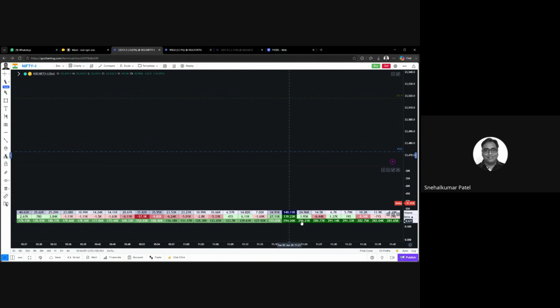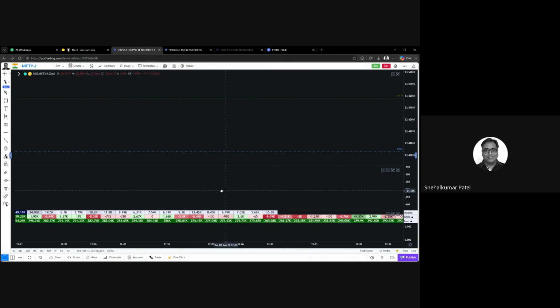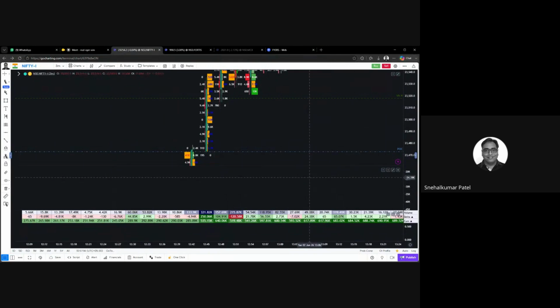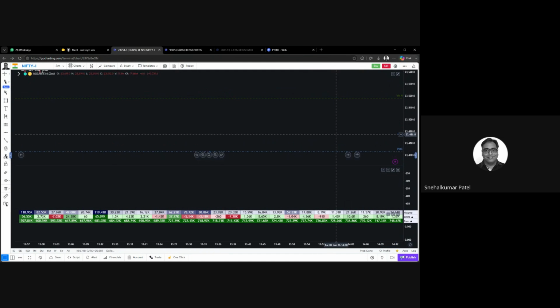You see the delta, cumulative delta 294K, 296K, and then it gradually came down, again tried to pick up. And when the day closed, I think it was around, yeah, you see the heavy activity here. This was a significant candle.